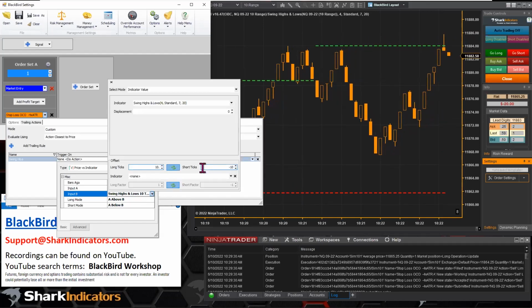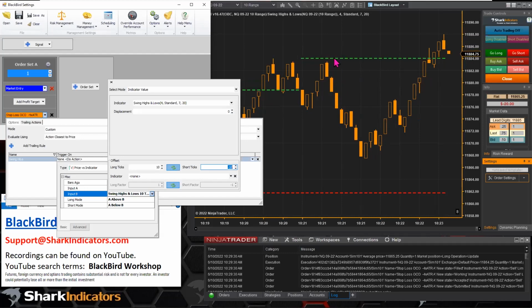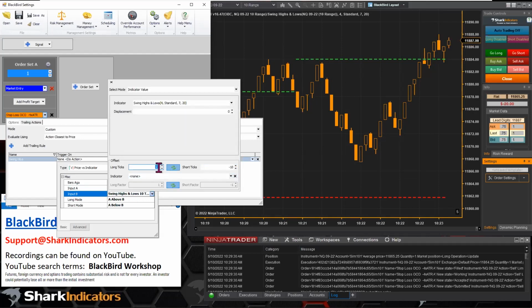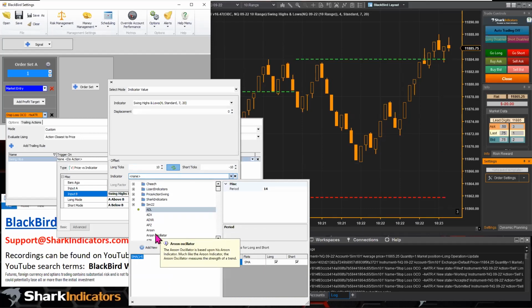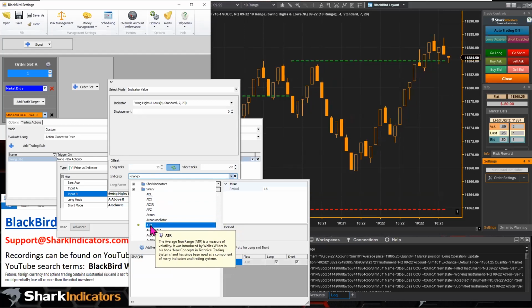If it was a short trade, then it would be the swing high minus 10 ticks, so the close would have to be 10 ticks below the swing high. That's how we can add a buffer between the close of the bar and the indicator. You can add a buffer by picking a fixed number of ticks, or of course you could use the ATR to set up a buffer as well.